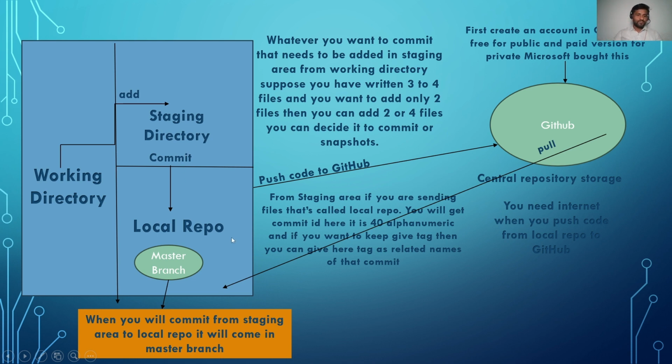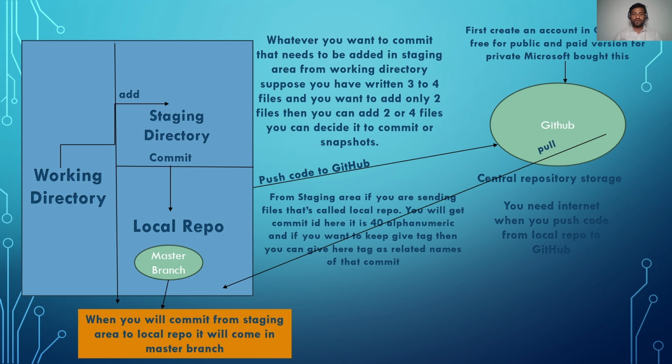Whatever you want to commit needs to be added to the staging area from the working directory. Suppose you have written three to four files, and you want to add only one file. Then from the staging directory you can decide how many files you want to commit to the local repo.